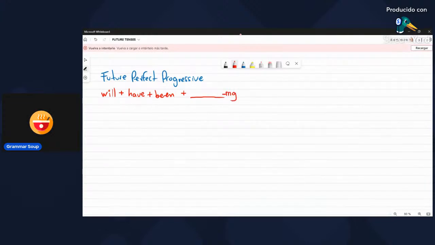You see? I need to use here the action itself. Will have been and then the ing form. Don't get so scared with this structure because at the end of the day, the more we practice and use it, the better we're going to manage it. Let's say by the end of October, I'm sorry, I made a mistake here.